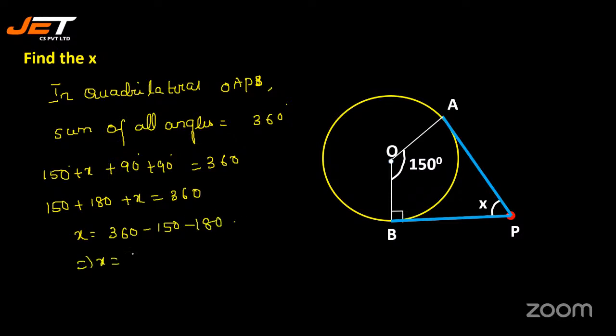Here we have 150, 180, we have to just add. So it becomes 330, which implies the value of x is equal to 30. Okay, so hope you all are getting this answer. Yes, let's move on to the next sum.